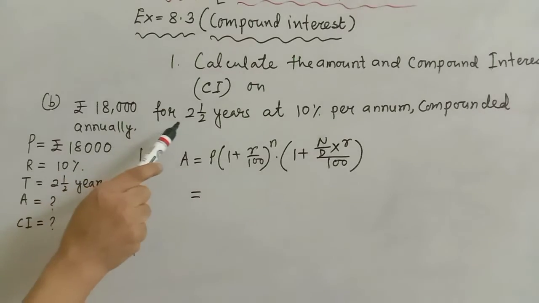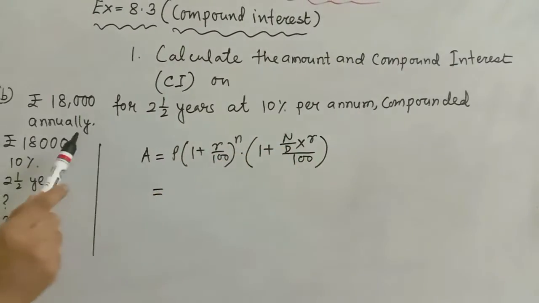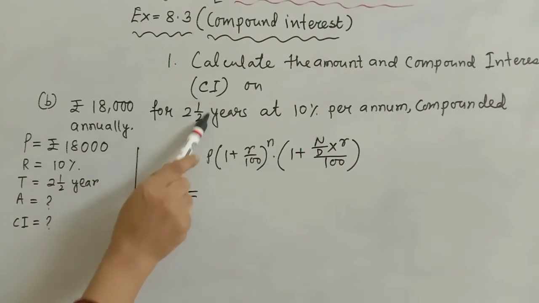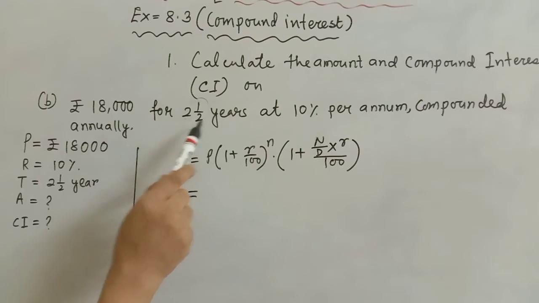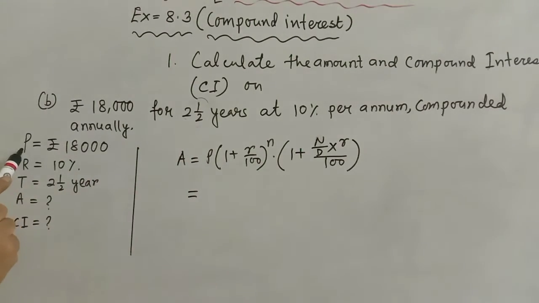Rupees 18,000 for 2.5 years at 10% per annum compounded annually. See here, time is in fraction. So we need that kind of formula here. First, what is given here? Principal is 18,000. Rate 10%.